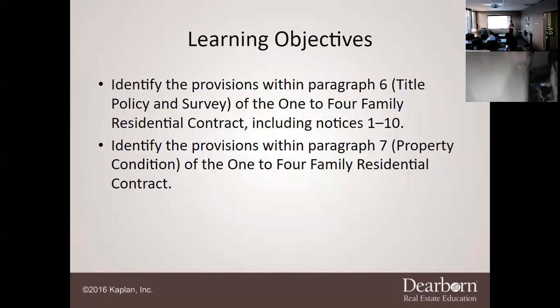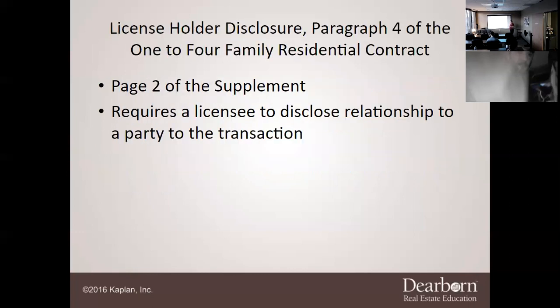We're also going to identify the provisions within paragraph 6, which is the title, policy, and survey. And that's going to, of course, include notices 1 through 10, and identify the provisions within paragraph 7 of the property conditions of the 1 to 4 family residential contract.